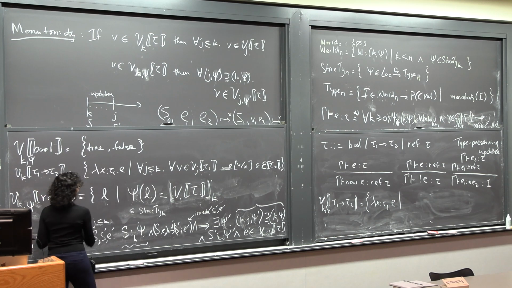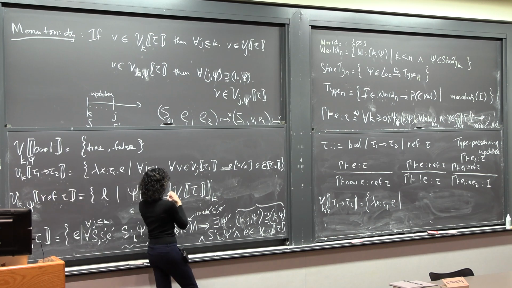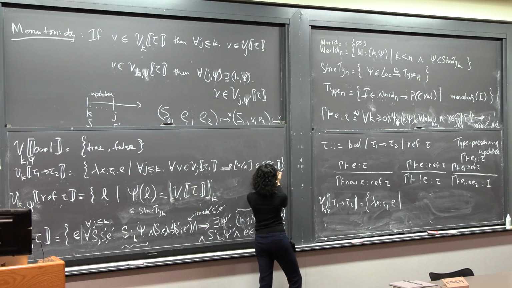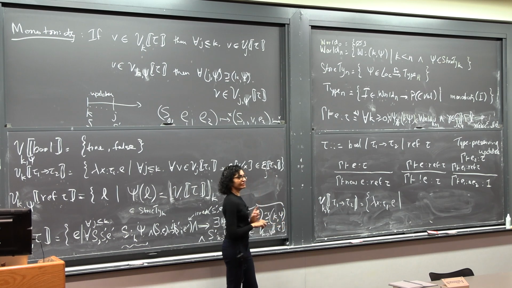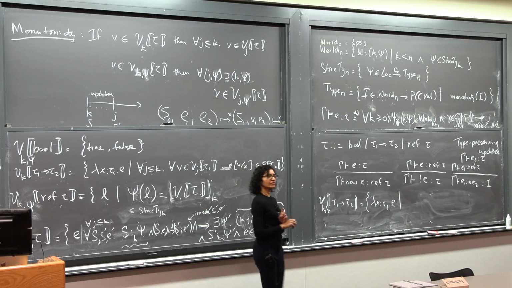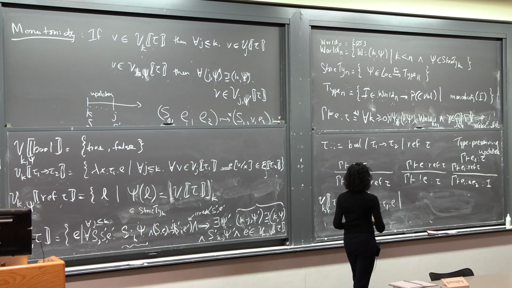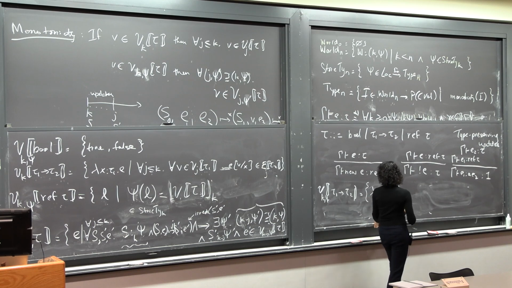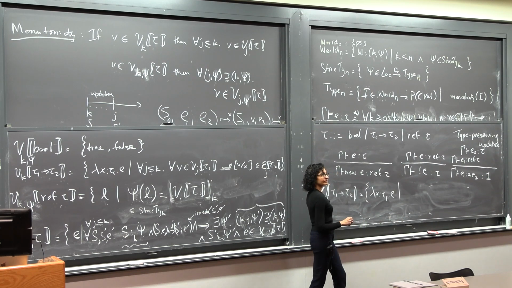Lambda behaves like this if at some point in the future you give me an argument that behaves like a tau 1, and I plug it into the body, and this behaves like the result type tau 2. So how do we do future here? Current world is k psi.